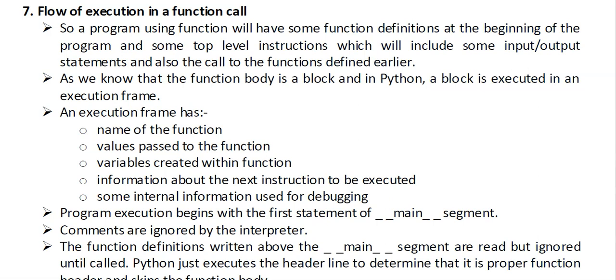I know that you are not able to cope with this concept, and we will discuss it in the practical portion. We will show you diagrammatically how the function jumps from one execution frame to another. Don't worry, for now just try to understand the basic theoretical concept, and we will deal with the practical concepts in a separate practical video.